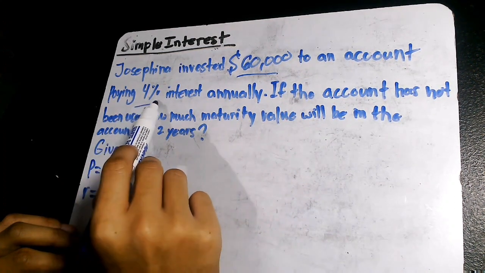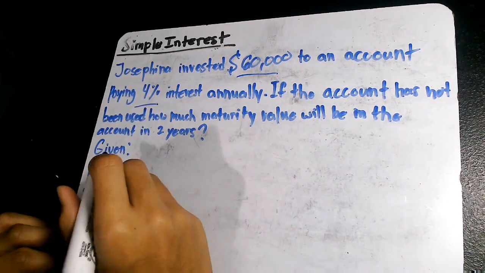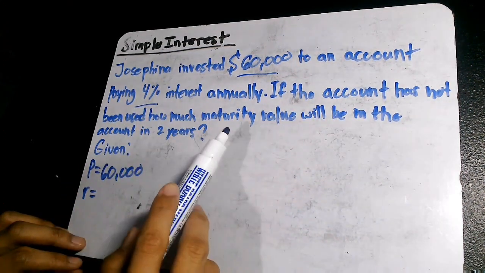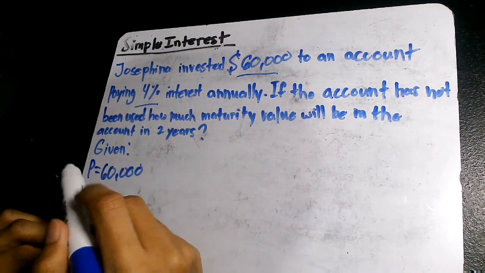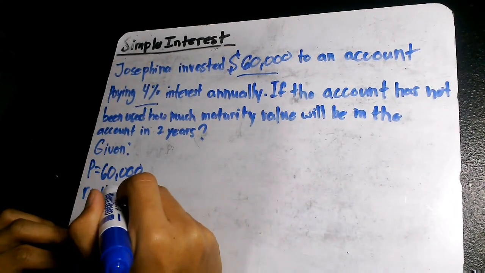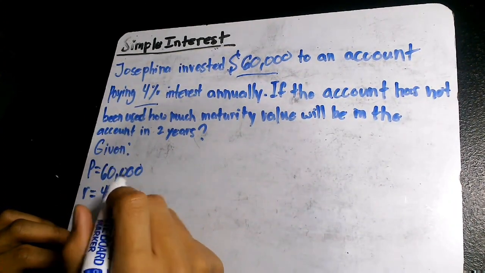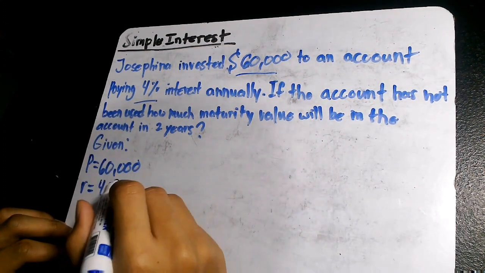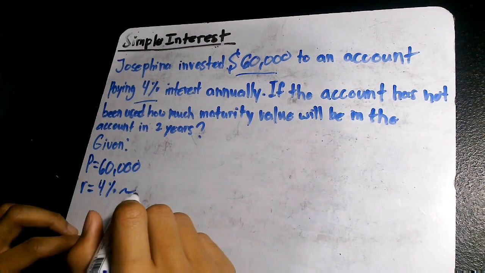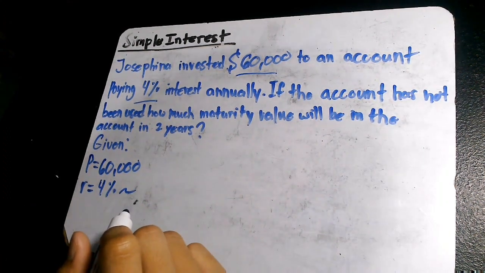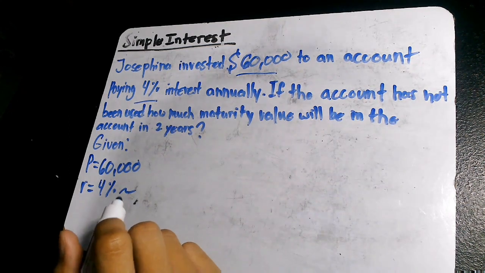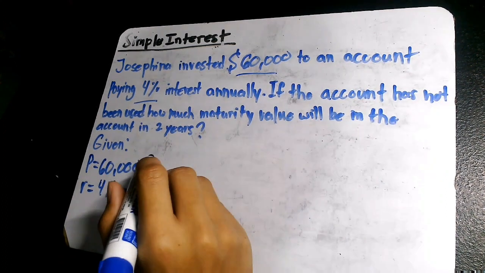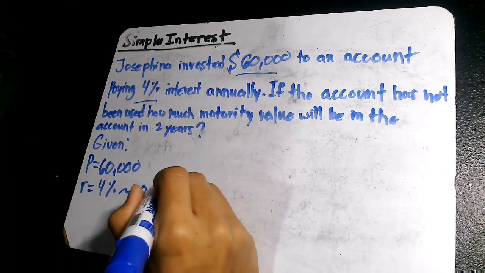A number with the percentage sign is mostly the rate, and there is no other percentage sign here, so it is automatically this one, 4%. After getting the rate, we need to divide it by 100 to get it to its decimal form. 4 divided by 100 is 0.04.